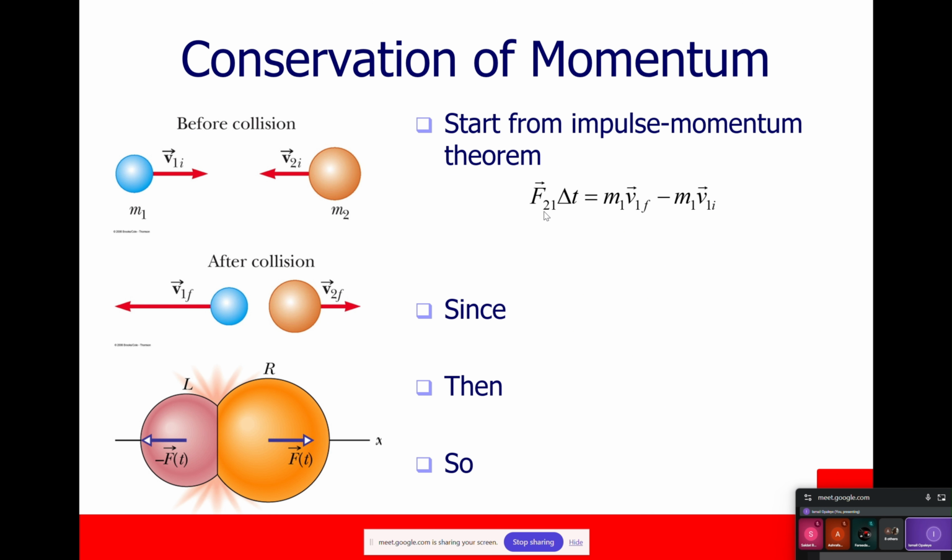That should be the best way to put that. So that will be the change in momentum for this object, mass m1.